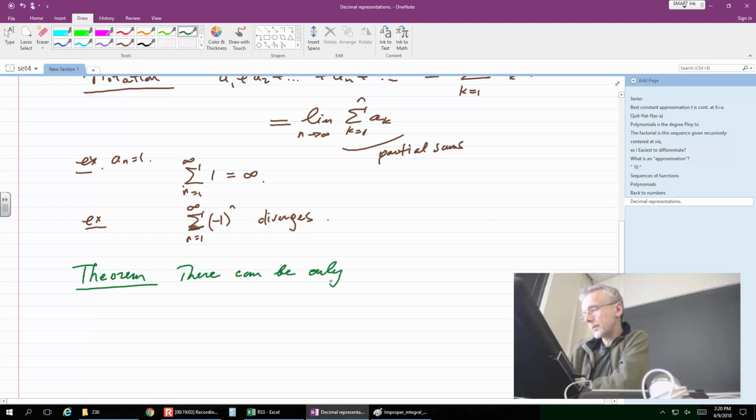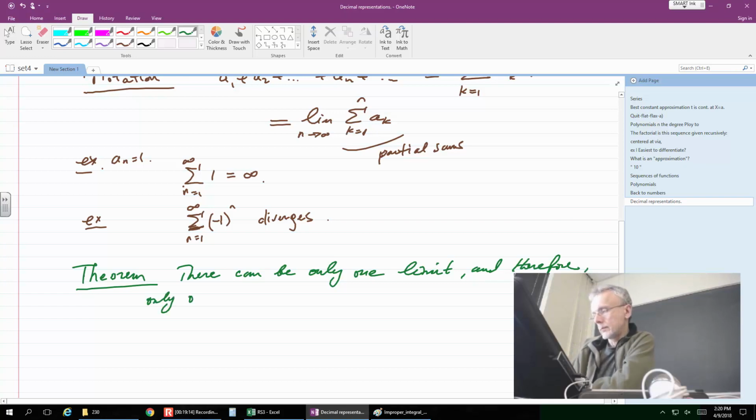There can be only one limit, and therefore only one sum of a series, because the sum of a series is a limit, and there can be only one limit. So we are covered here. We can use the word "the" because there can be only one. You cannot converge to two separate numbers.